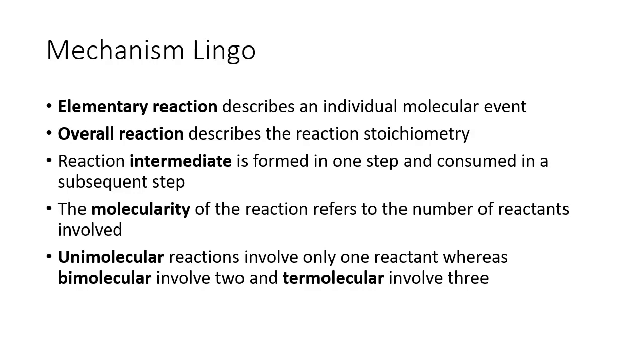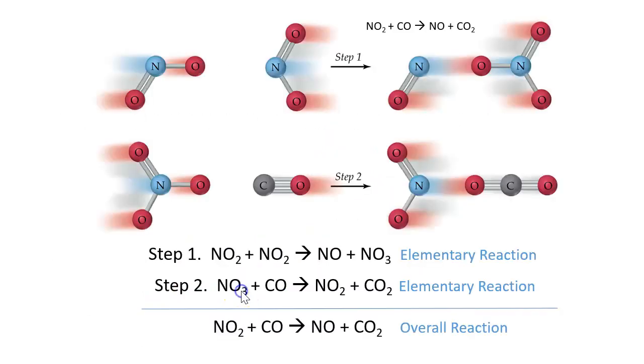If the step requires just one molecule, like for a decomposition, its molecularity would be unimolecular. Whereas if two molecules need to collide, it would be bimolecular, and three would be termolecular, and that's the highest we go. I have never seen any reactions that were more complicated than that. I'm sure there are, I just haven't seen them.